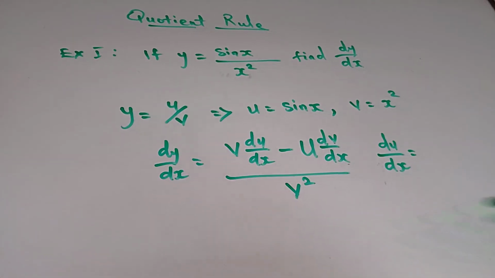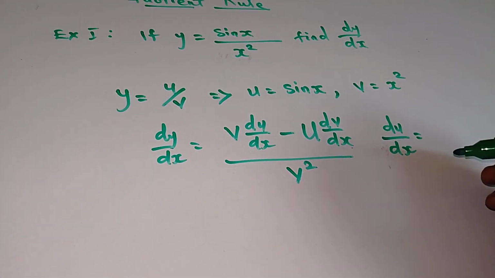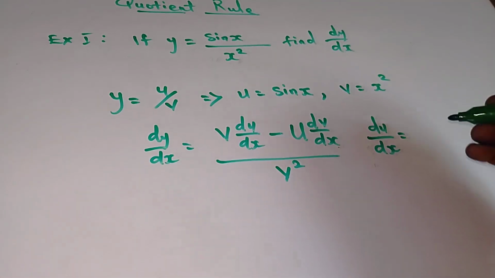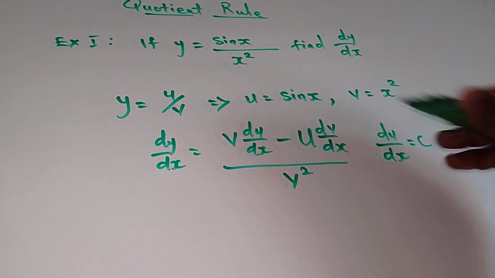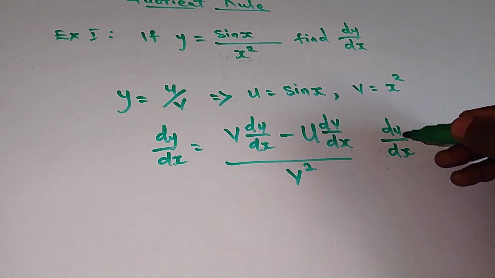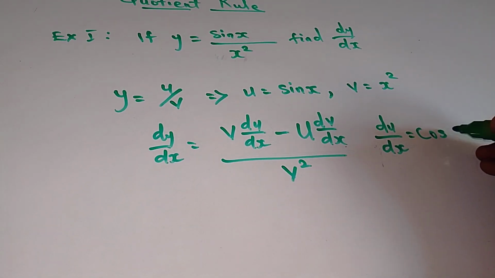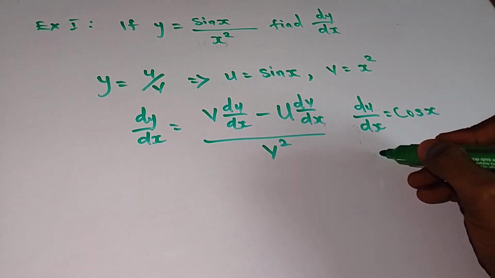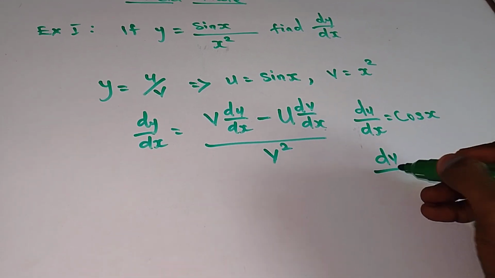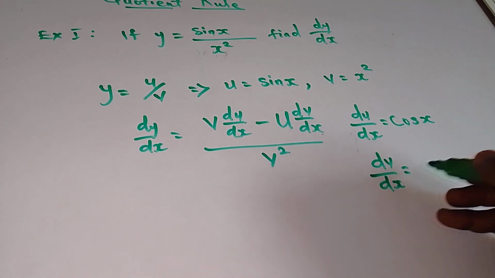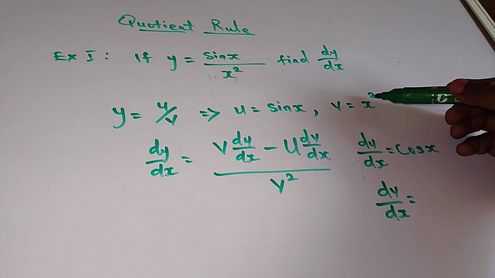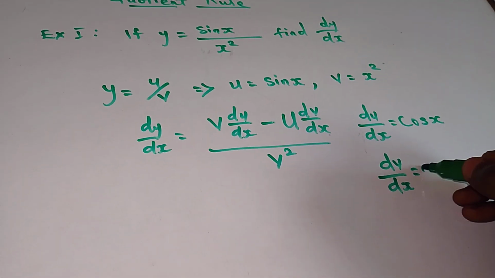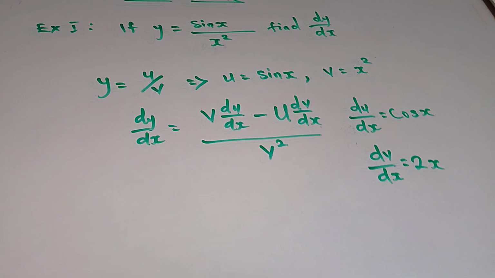Now you can recall your standard derivation, the derivative of sine x is cos x. So if u is equal to sine x, then du dx will be cos x. So what about this v? dv dx is going to be what? We are going to multiply the power of 2 by x, subtract 1 from that 2. So that will give us 2x.